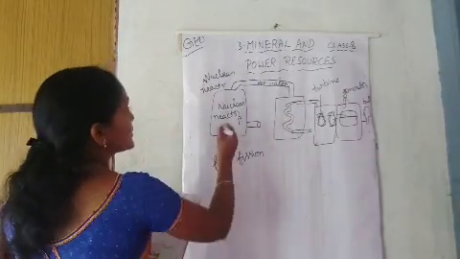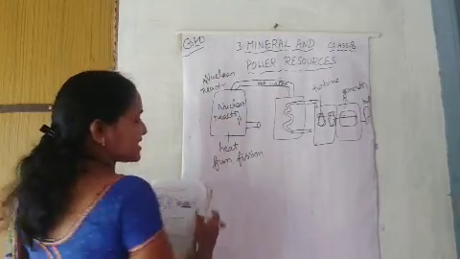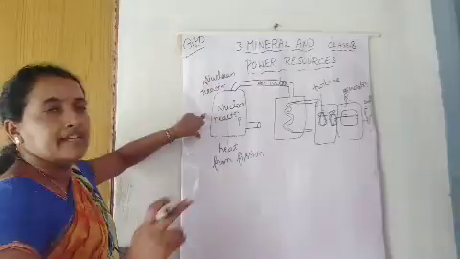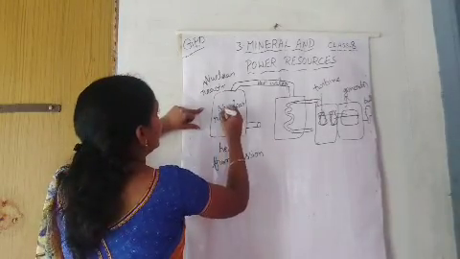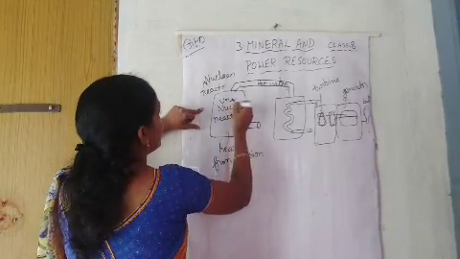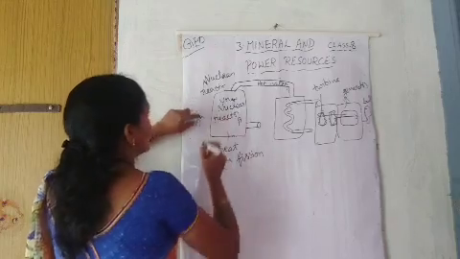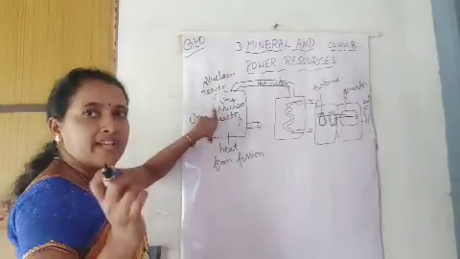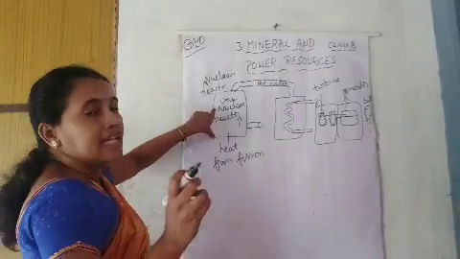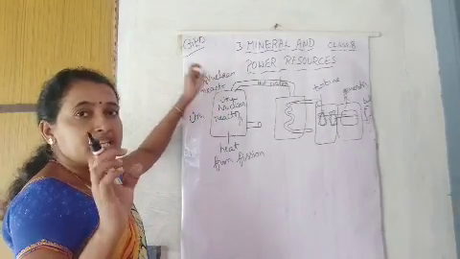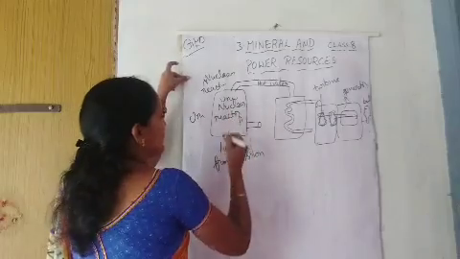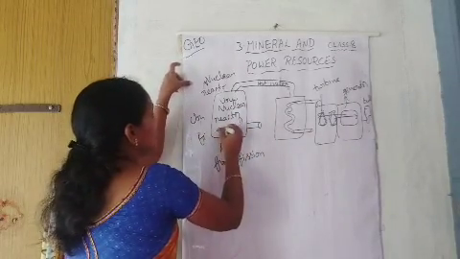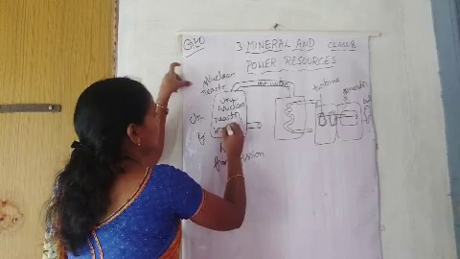Okay, children, so here in this nuclear reactor, they will keep uranium and thorium elements. As they are naturally radioactive elements, their atoms will undergo fission. That means heat will be emitted.